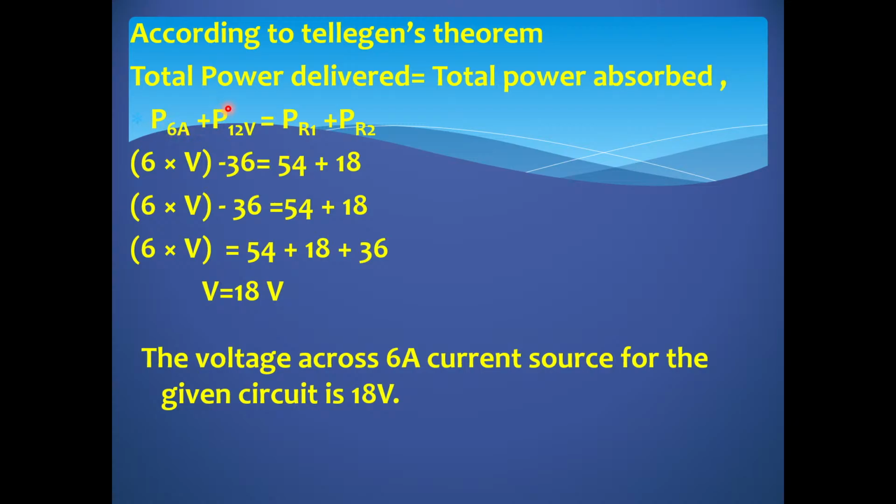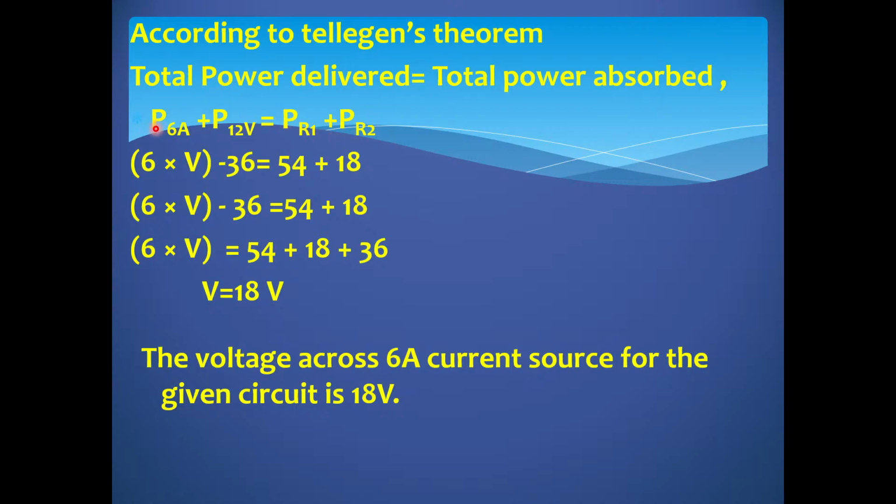P6A plus P12V; these notations are our choice. So power delivered by the current source plus power delivered by the voltage source equals power absorbed by resistor R1 plus power absorbed by resistor R2.